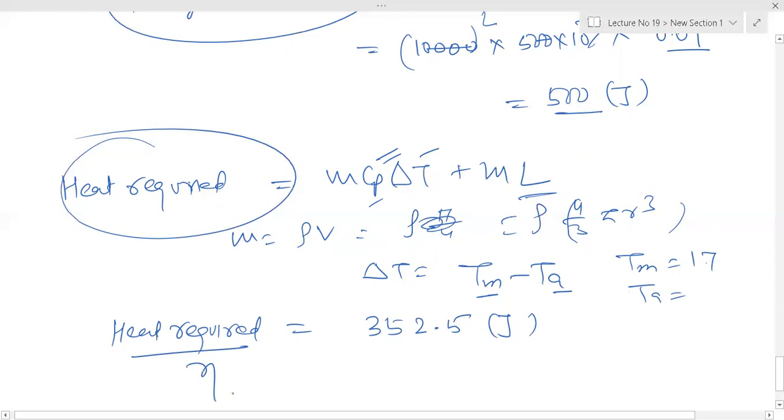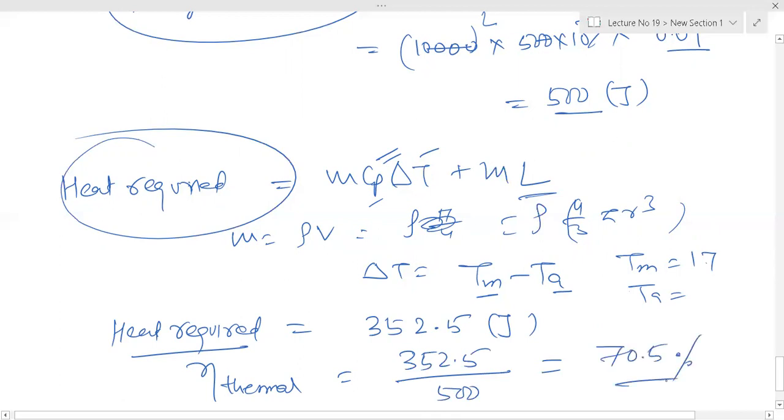So thermal efficiency will be 352.5 divided by 500. That is equal to 70.5%. It is very high because it is not conducted through the sheet material and all. Everybody getting this? Yes, no? Tell me.